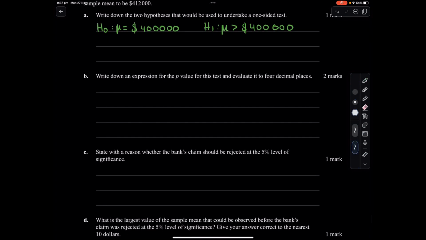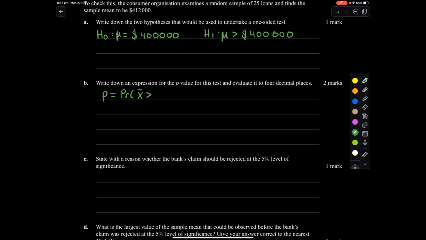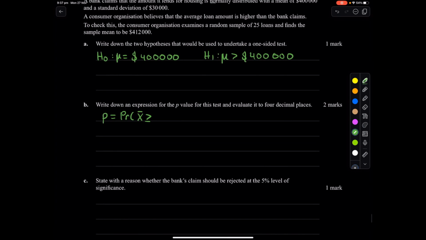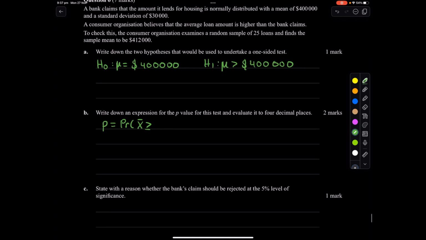Okay, easy. Our p-value is just going to be the probability that X is greater than or equal to 412,000, given that the null hypothesis mean is 400,000.